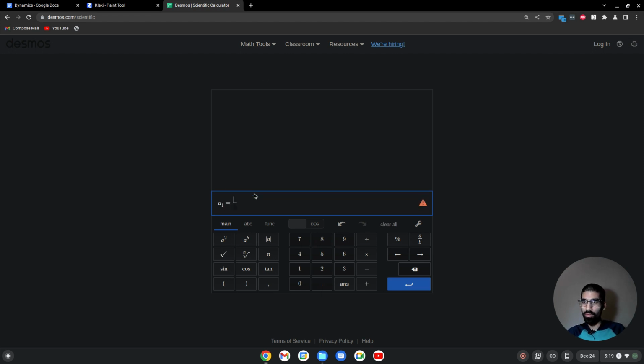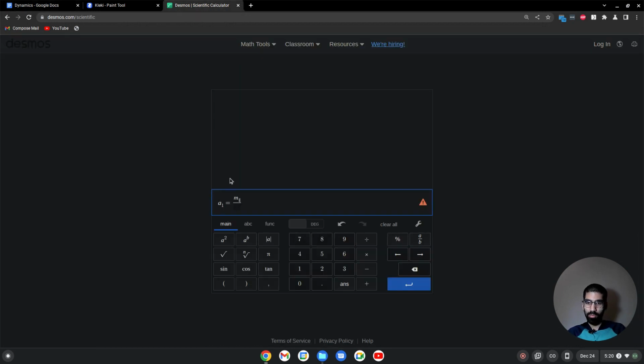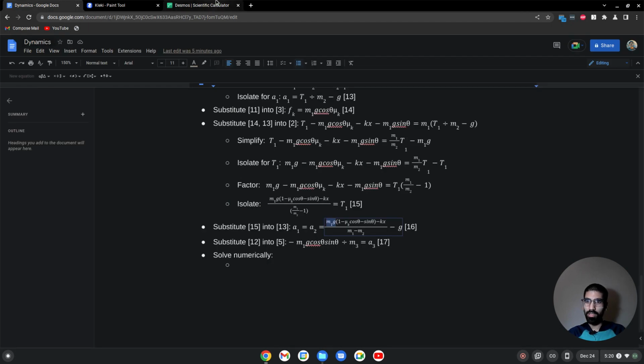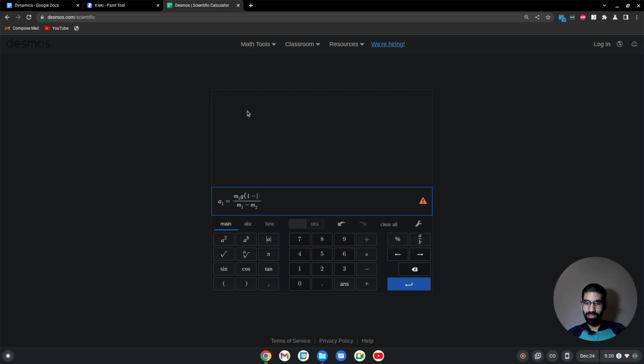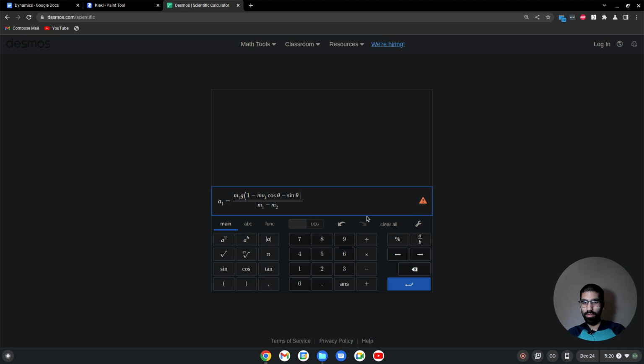It's going to be equal to m1 g on top, m1 minus m2 on the bottom, and it's being multiplied by 1 minus mu k cos theta minus sine theta, and then minus kx minus g.